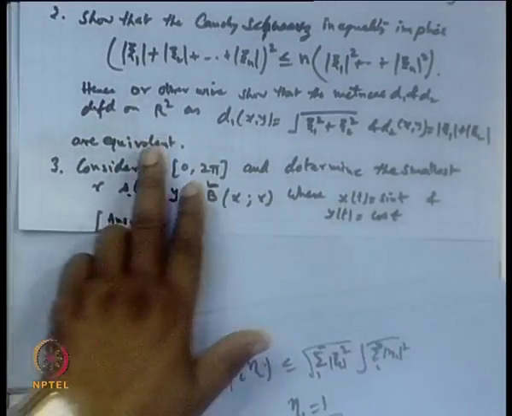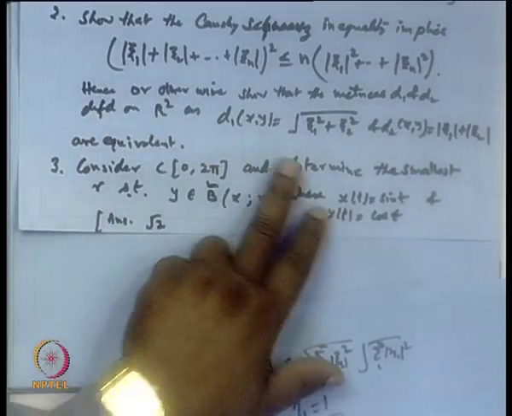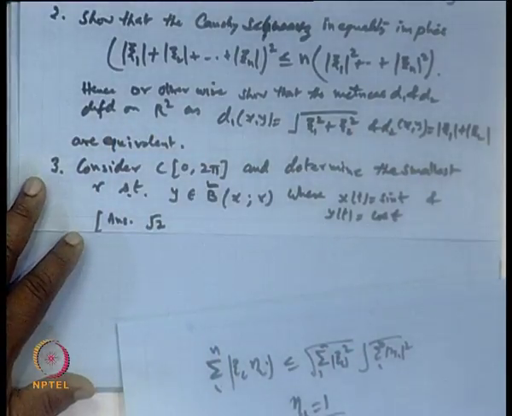Now, what it says is, hence or otherwise, the metric spaces defined on this are equivalent metrics.